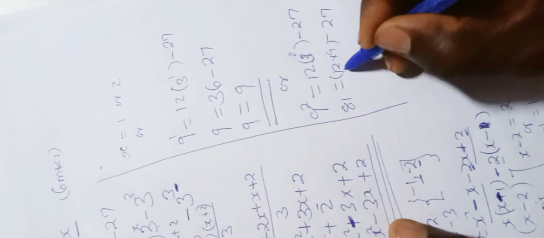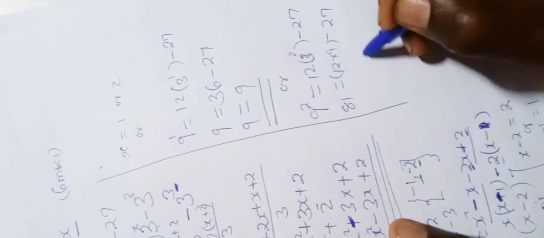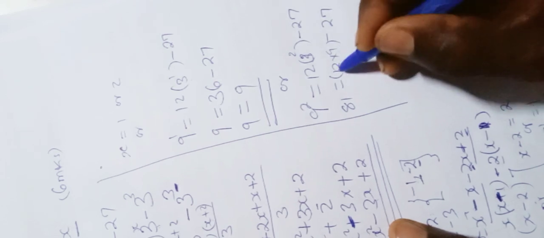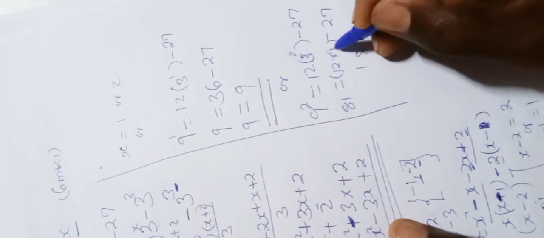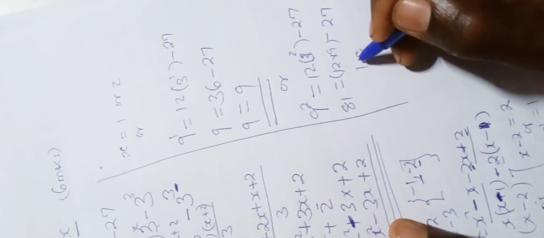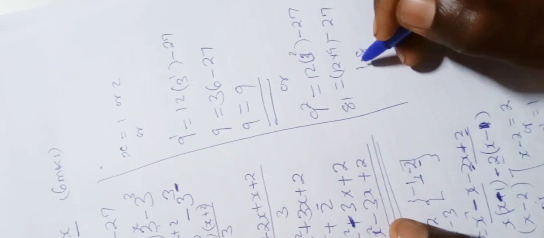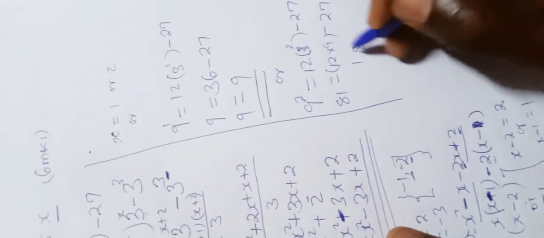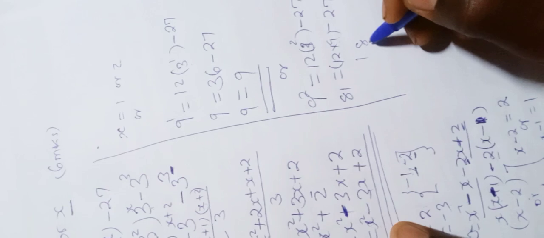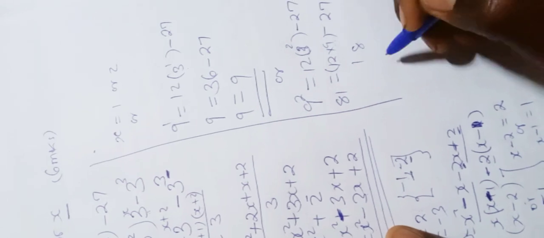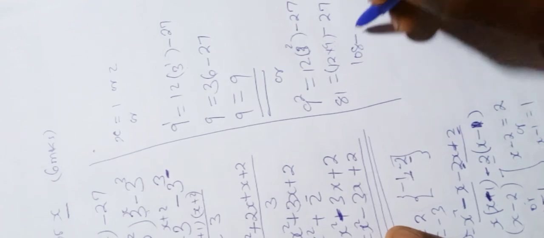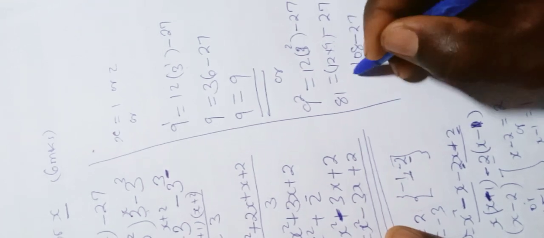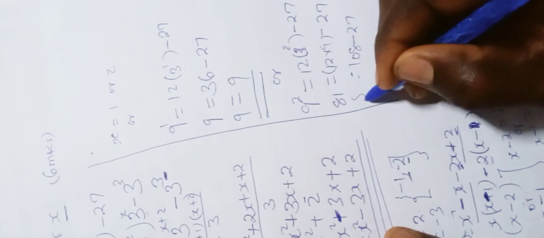What is this? It is 108, minus 27. I don't know if it can give us 81.